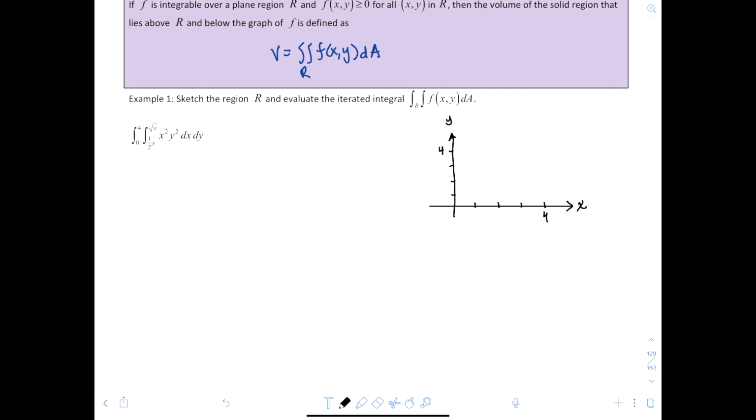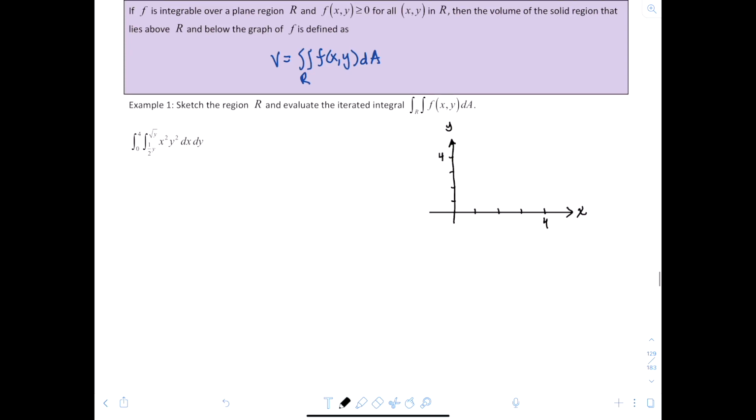Now let's set up what we have going on. We've got dx dy here, and remember the inside is going to be functions of y.